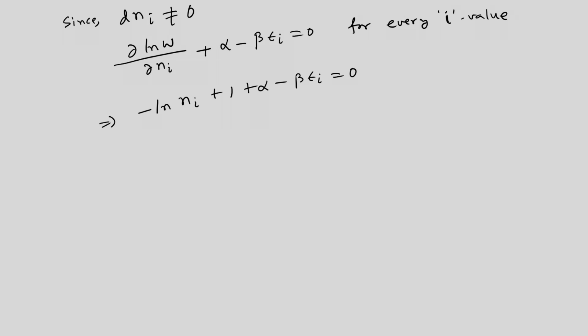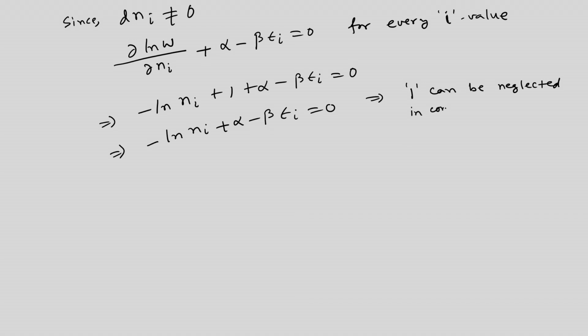Since the number of particles in a given state, n_i, is very large, we can omit 1. So, we can write minus ln n_i plus alpha minus beta epsilon_i is 0, because 1 can be neglected in comparison to the number of particles n_i.